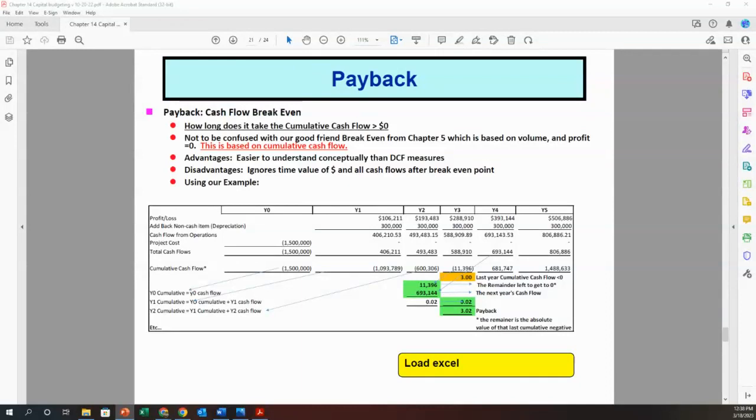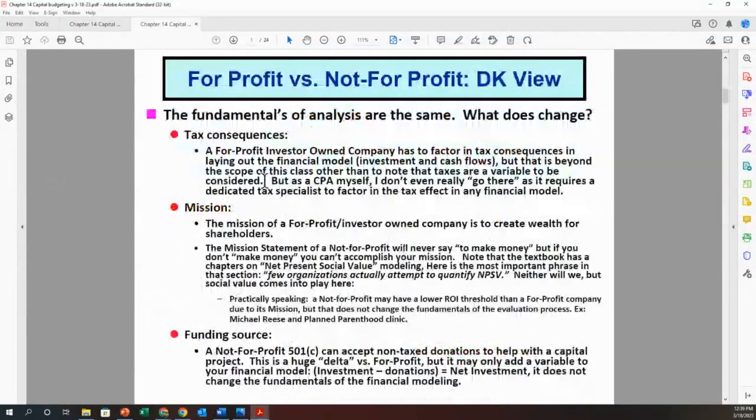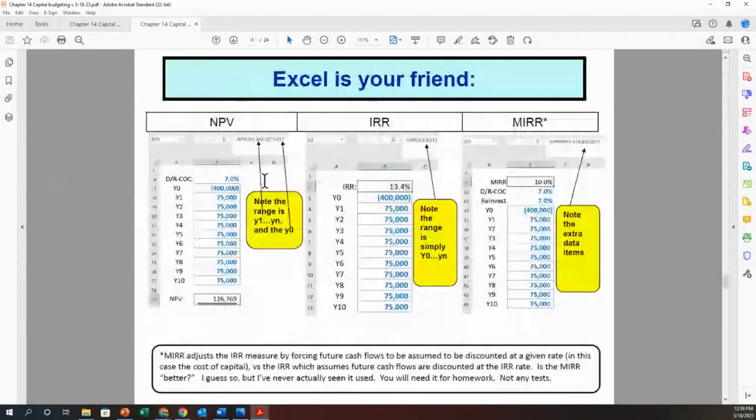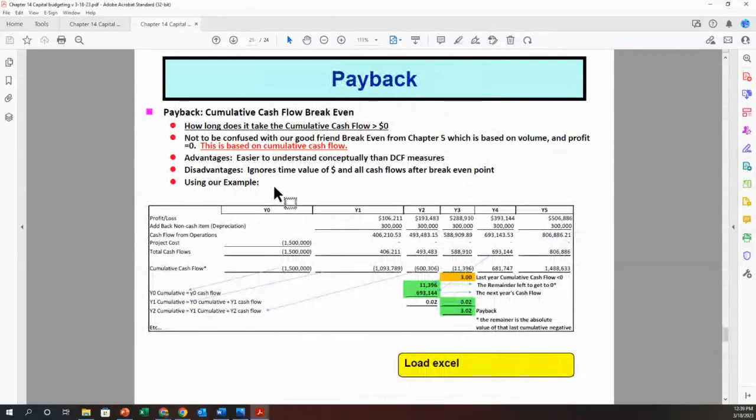And the other major disadvantage is it ignores anything that happens after you have the cumulative cash flow break even point. So it's not very good, but there you have it.